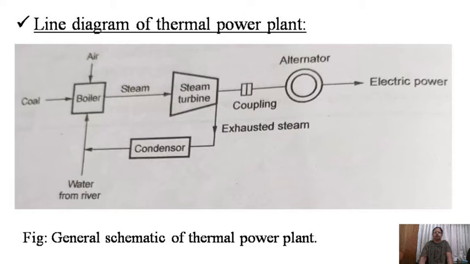The coal and the air combine to give the heat energy, and the water combines with the heat energy of the coal in the boiler to give the steam, and this steam is fed to the steam turbine.